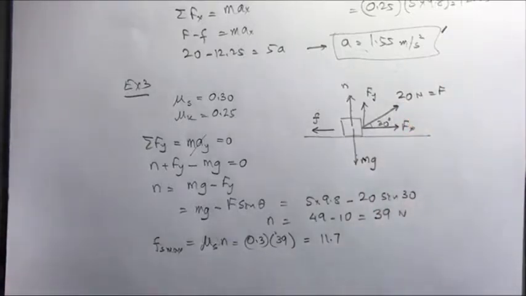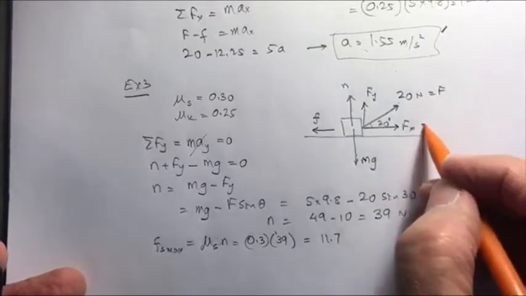And the Fx is going to be 20 cosine 30, and cosine 30 should be 0.866, times 20, which is 17.32.